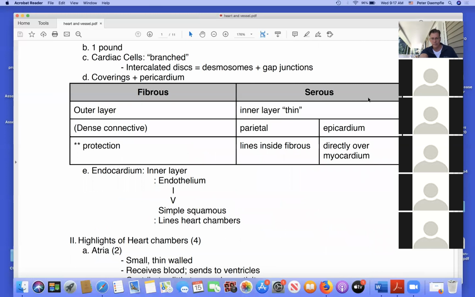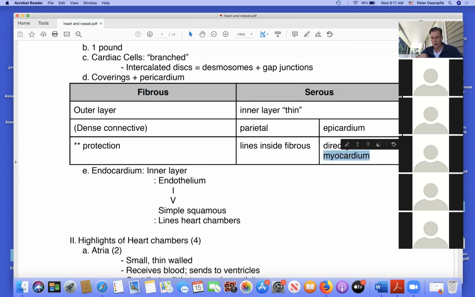The 2 layers of the serous pericardium are the parietal layer and the epicardium. The parietal serous pericardium lines the inside of the fibrous pericardium. The fibrous pericardium is on the complete outside, and right underneath that is the parietal layer.